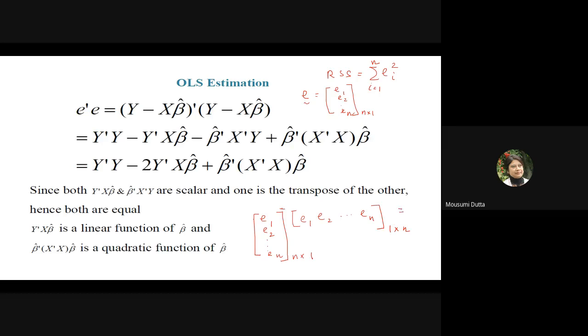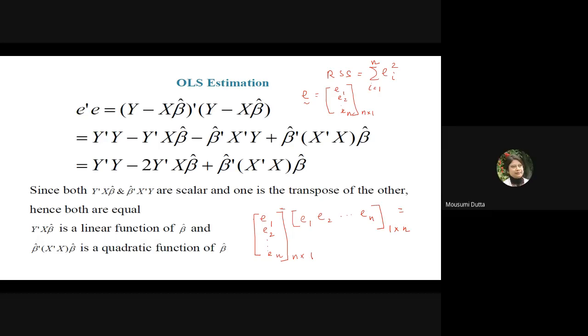So if I multiply these two things, what we will obtain? A matrix, a scalar, or a vector? A matrix. And what will be the order of that matrix? N cross n.